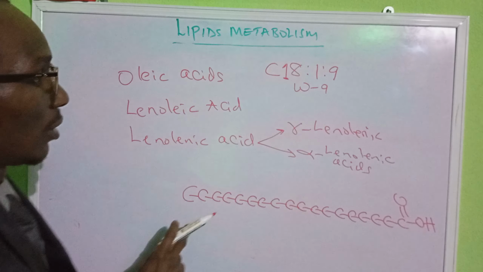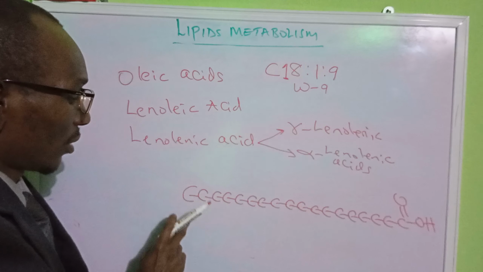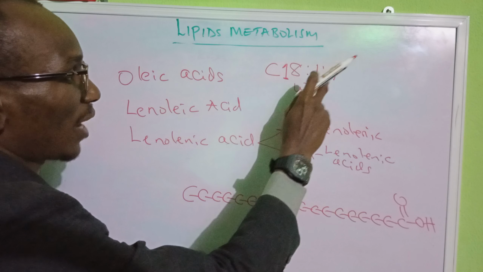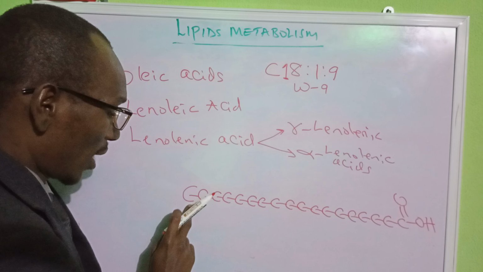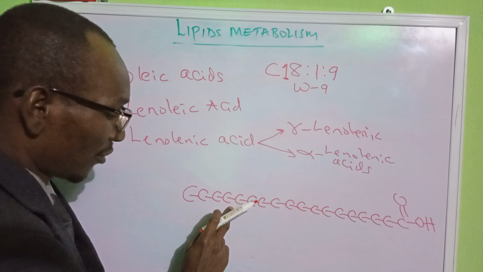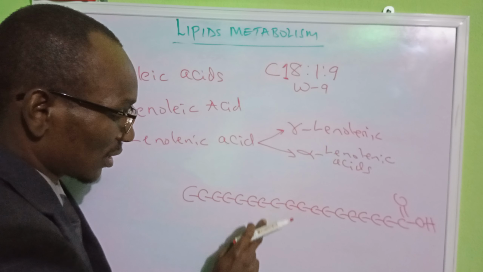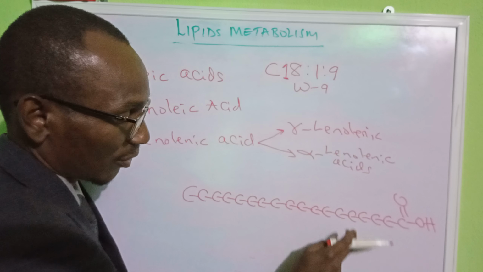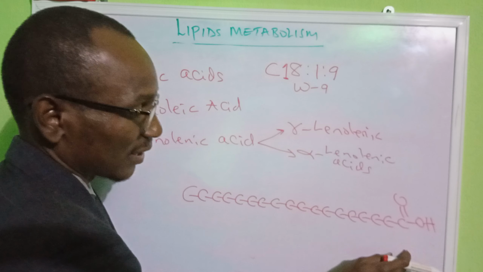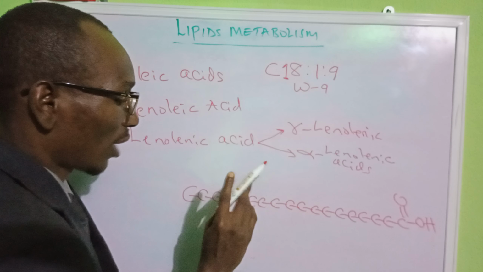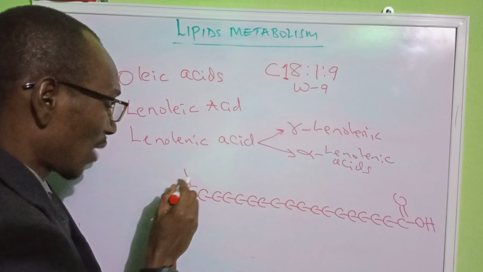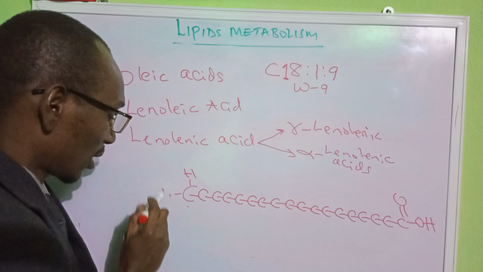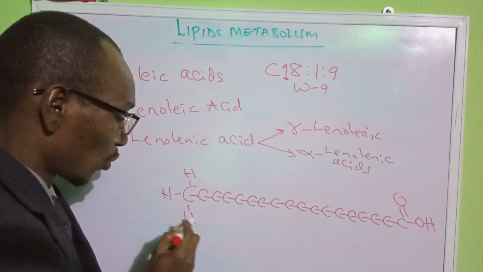Now, from the omega carbon counting, when we started, we say that it is 18:1, 9. 1, 2, 3, 4, 5, 6, 7, 8, 9, 10, 11, 12, 13, 14, 15, 16, 17, 18. Our total number of carbon atoms is completed. This is our omega counting carbon atom, which is the methyl group.